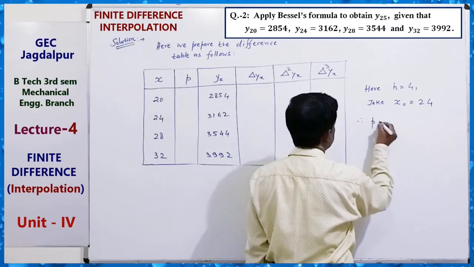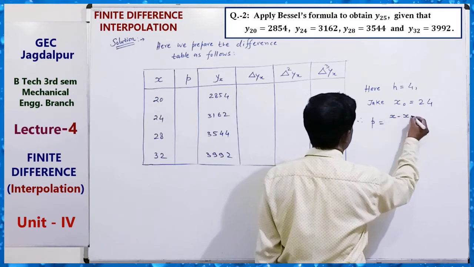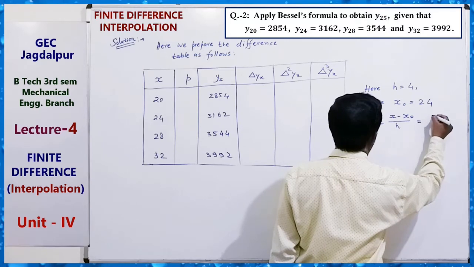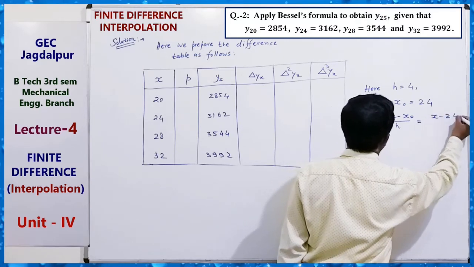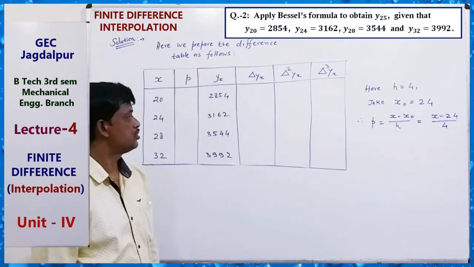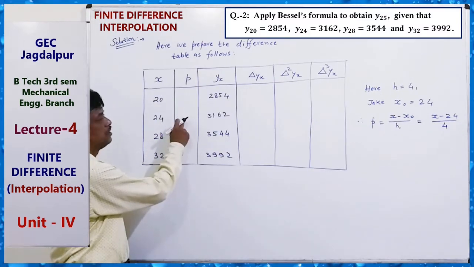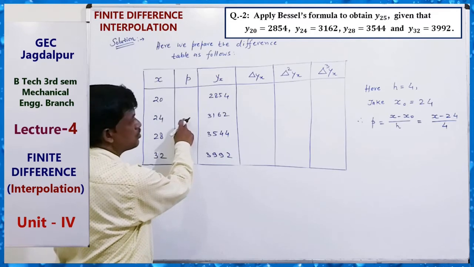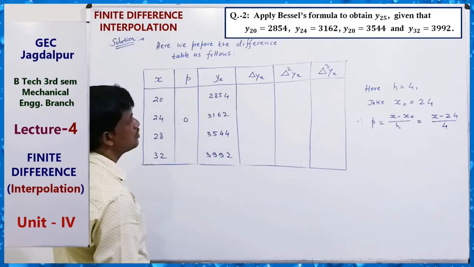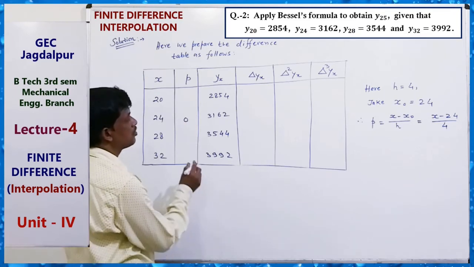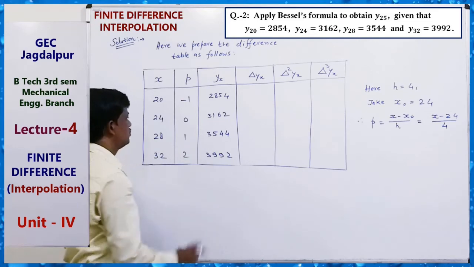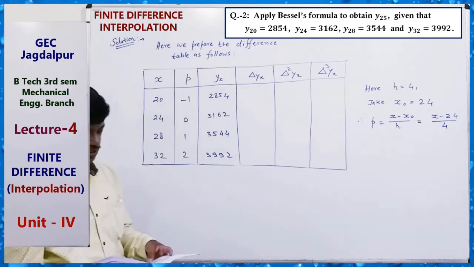Therefore p equals (x minus x0) by h, that is (x minus 24) by 4. This is p. So you can find the value of p here: 24 minus 24 is 0, and for the others minus 1, 0, 1, 2.